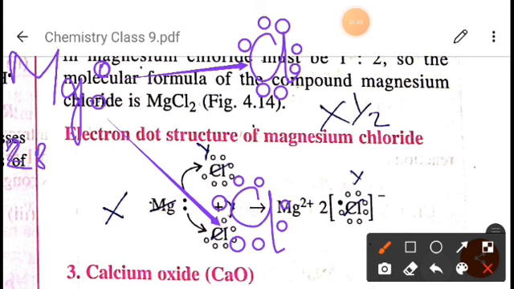Previously chlorine had 2, 8, 7; now it has converted into 2, 8, 8, and so has the other chlorine. I hope you are understanding this.